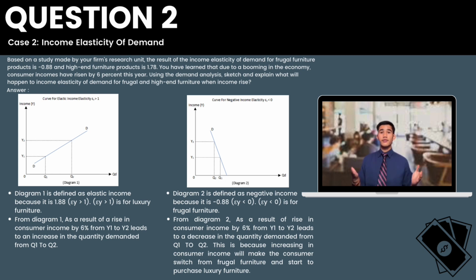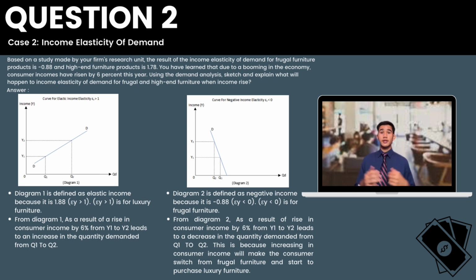From diagram 1, as a result of a rise in consumer income by 6% from Y1 to Y2, there is an increase in the quantity demanded from Q1 to Q2. Next, from diagram 2, as a result of a rise in consumer income by 6% from Y1 to Y2, there is a decrease in the quantity demanded from Q1 to Q2.